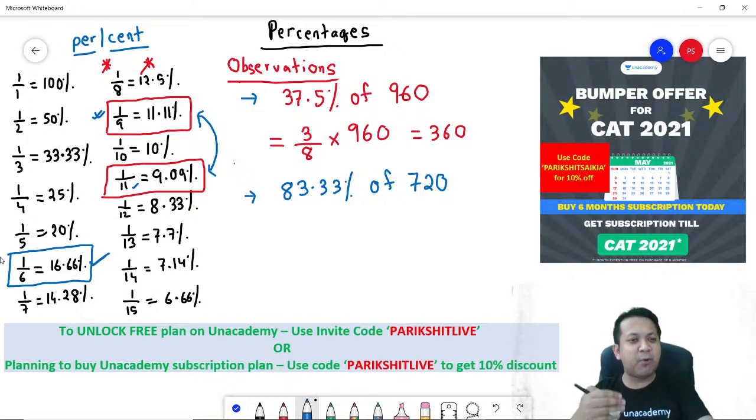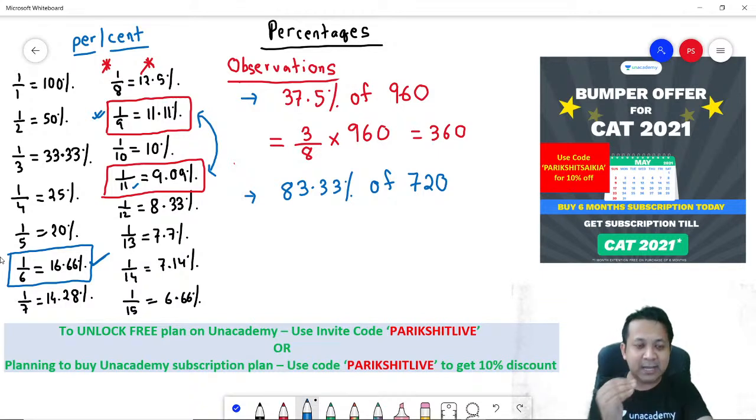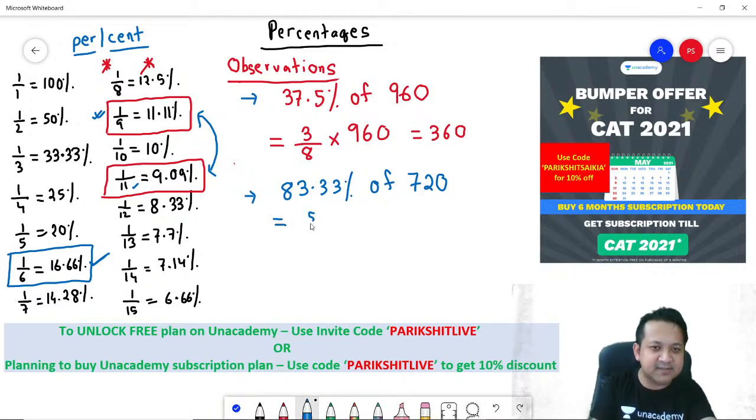What is that? 83.33. So if 1 by 6 is 16.66, the remaining must be 5 by 6. Will you agree? So 5 by 6 into 720 comes out to be 600.